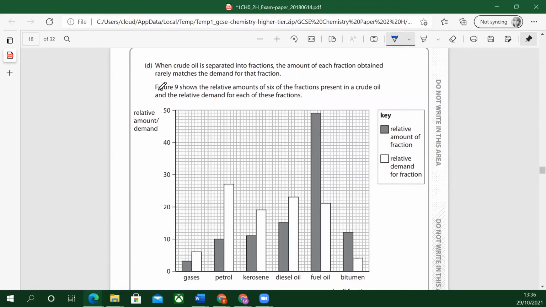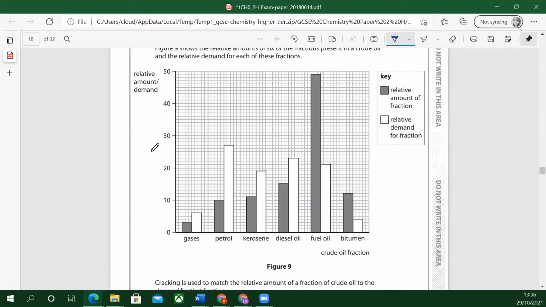Okay, so it says figure 9 shows the relative amounts of 6 of the fractions present in a crude oil, and the relative demand for each of these fractions. So the dark one's the relative amount, but the pale colour, the white one, is the relative demand for the fraction.